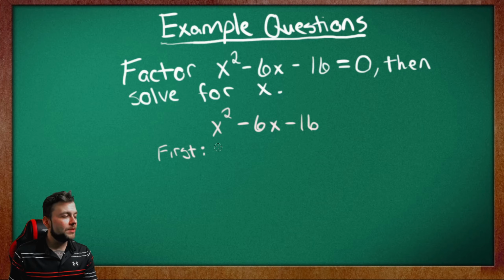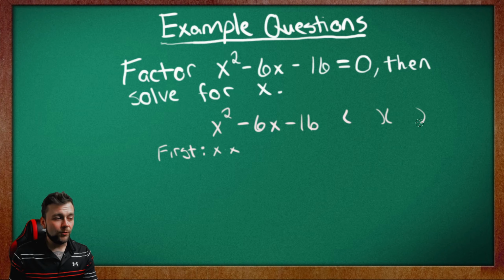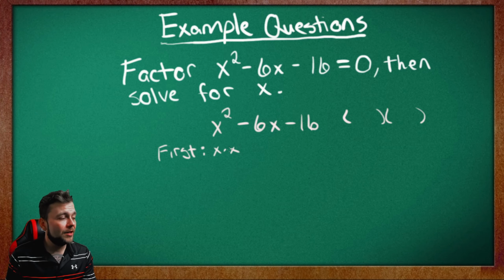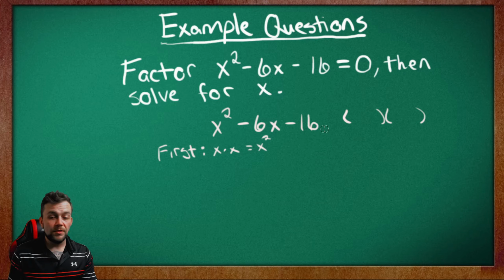It is x times x. Don't forget, put your little parentheses here. If you always remember to put these parentheses, it's going to help you remember how to do this, okay? So x times x, that is x squared. So we can go ahead and put our x here and our x here.